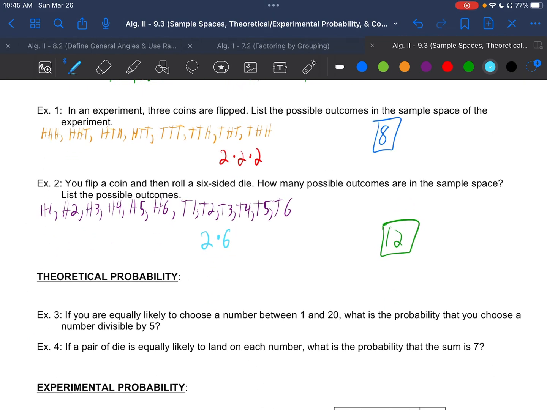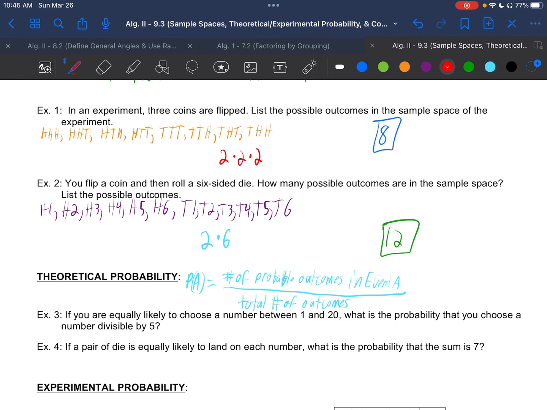Now let's talk about theoretical probability. We're going to say P of A is how we say it, the probability of event A occurring. It'll be defined as the number of probable outcomes in event A, such as flipping a coin or rolling a die, divided by the total number of outcomes.